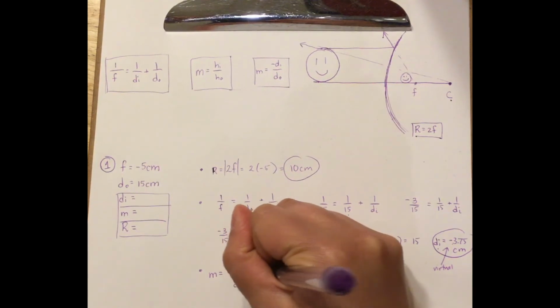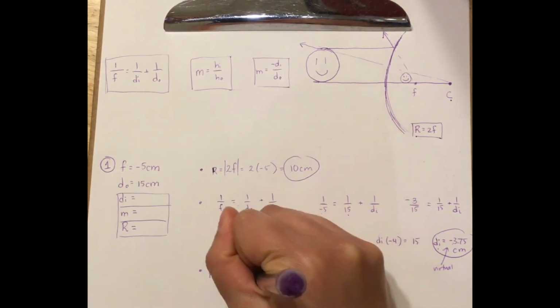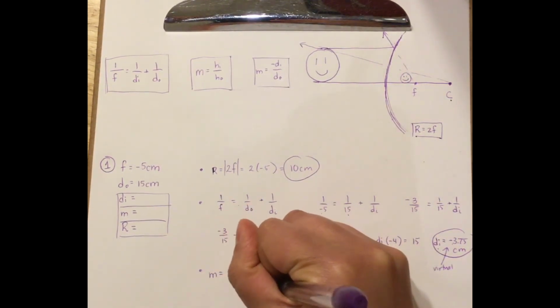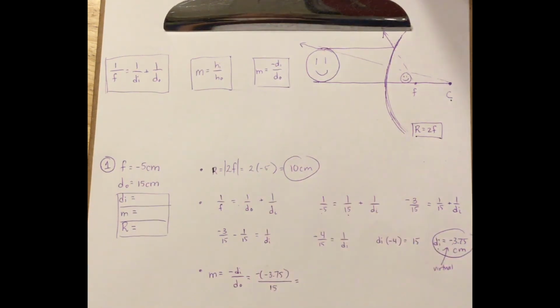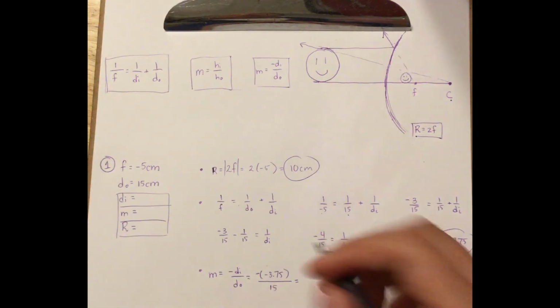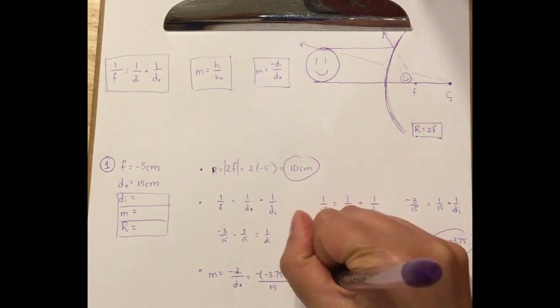Substituting in, that's negative 3.75 over 15. And wow, that's not going to be useful for me checking out my hair or face, because when I do the math out, 3.75, because those negatives cancel, divided by 15 is showing me a significantly smaller image.